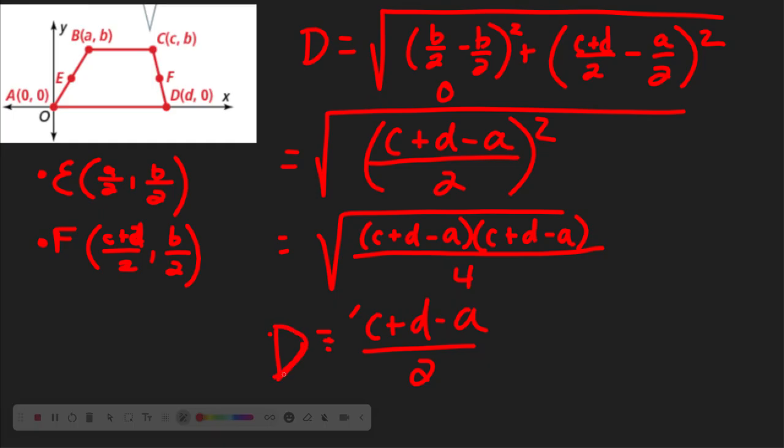Now, how big is the lower base? It's D. Just wrap your head around it a little bit. How big is the upper base? Not A times C. Let's say if this was 2 comma 2 and this was 10 comma 2, then how big would AC be?